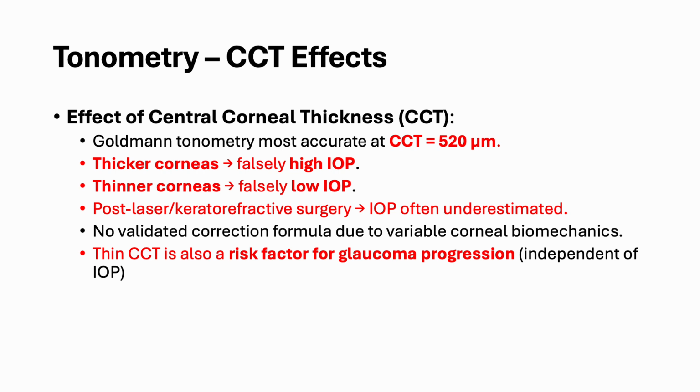So again, the key takeaways are 520 microns is the calibrated standard, and deviations, whether thicker or thinner, can mislead IOP interpretation. Just remember, more cushion, more pressure when it comes to thick corneas, and deflated cushion, deceptively low for thin ones. Let's move on to the next concept.